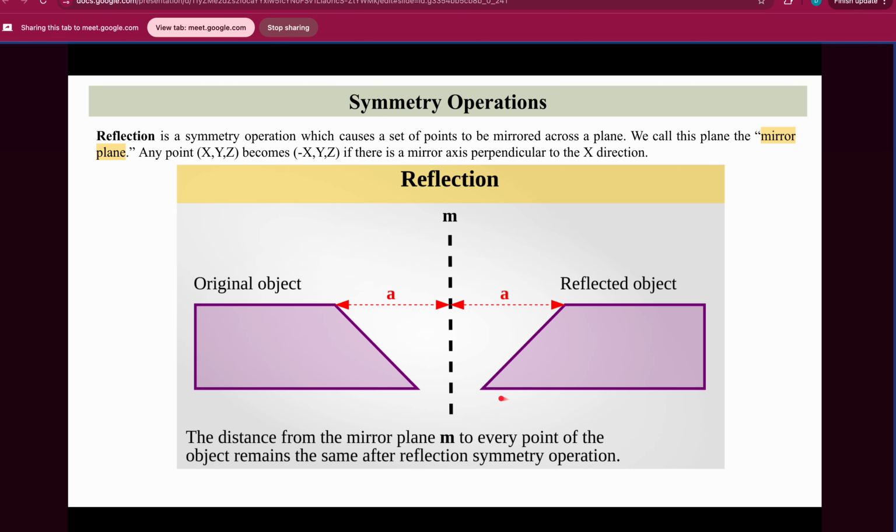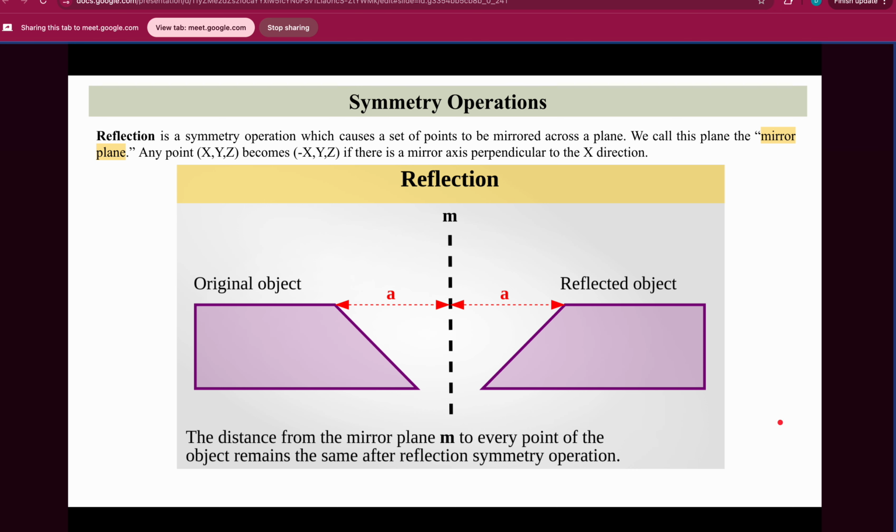For example, assume that this is my x-axis, the vertical axis toward the top is my y-axis, and the one projecting outside is the z-axis. If I compare all three axes, there is a difference only in the x-axis. Previously it was toward the positive side, now it has changed to the negative side, and the other axes are still the same. There is no such difference.